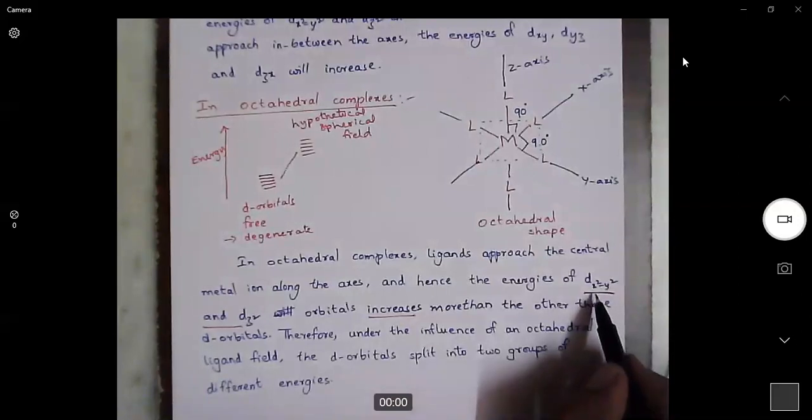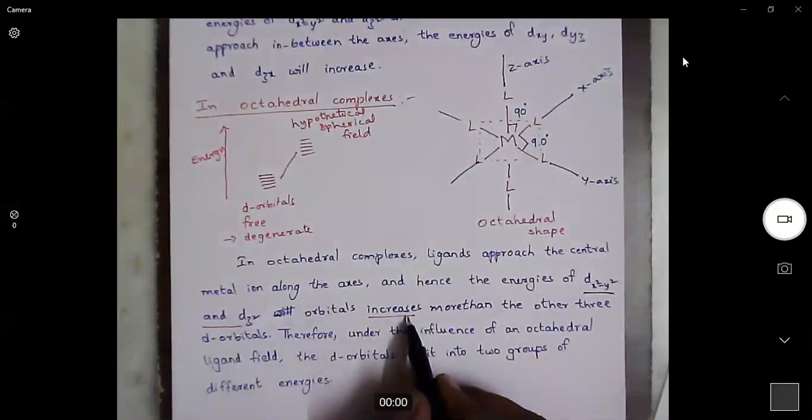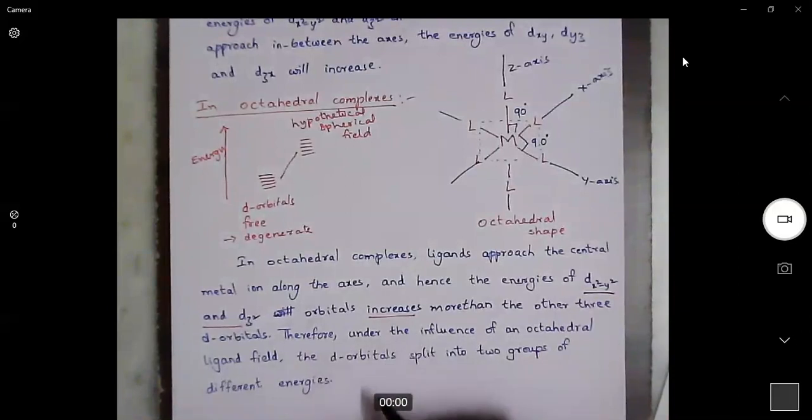These two, dx square y square orbital and dz square orbital. These two orbitals are oriented along the axis, so they will experience greater repulsion and increase their energy. The other 3, that means dxy, dyz and dzx, will decrease their energy.